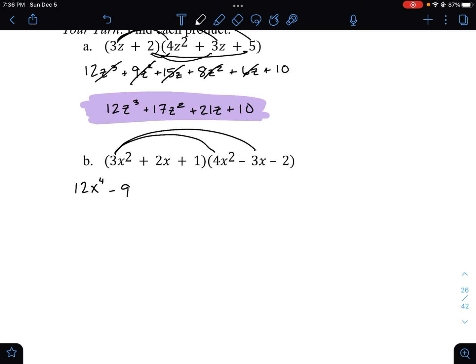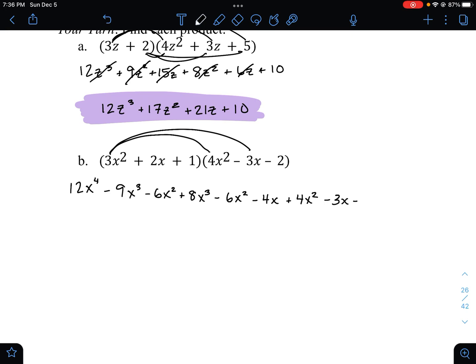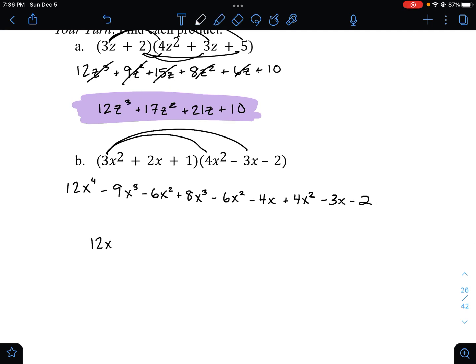All right, so 12x to the 4th minus 9x cubed minus 6x squared plus 8x cubed minus 6x squared minus 4x plus 4x squared minus 3x minus 2. Excuse me. All right, so I have a 12x to the 4th. So all my cubes, I want to make sure I didn't miss something.